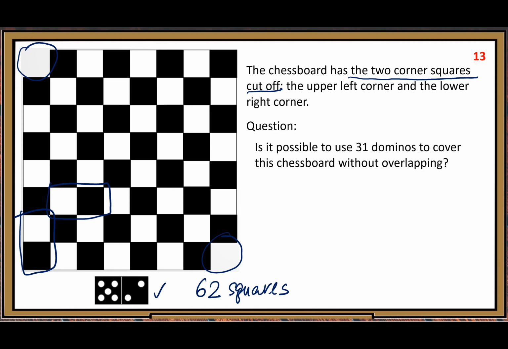So try to answer this question. Here, I just give you the goal, the reason I give you this question: use the invariant concept.